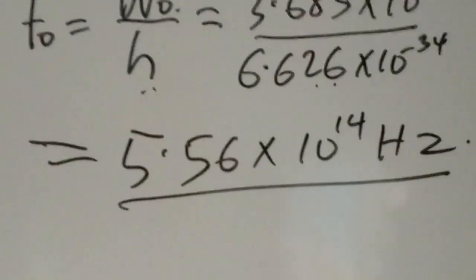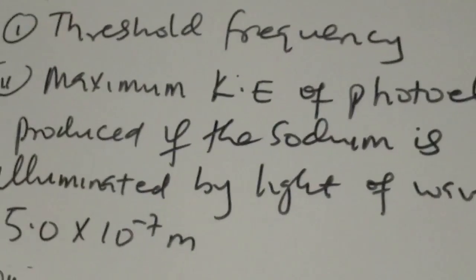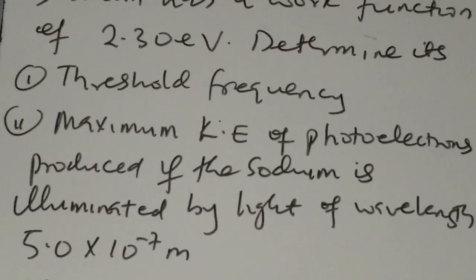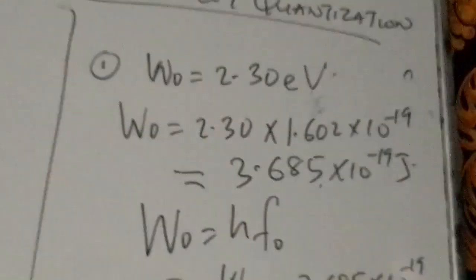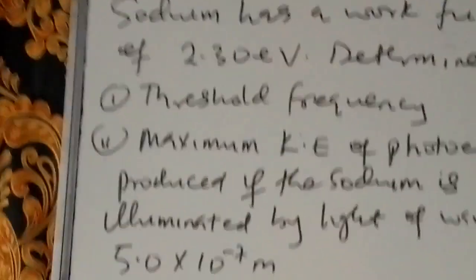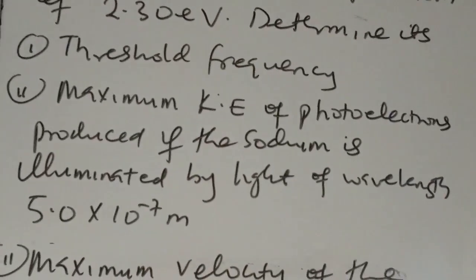Number 2 says we should find the maximum kinetic energy of the photoelectrons. Before we go over to number 2, take a look at our solution. Now, going to number 2, we want to look for KE, the energy of the photoelectrons.